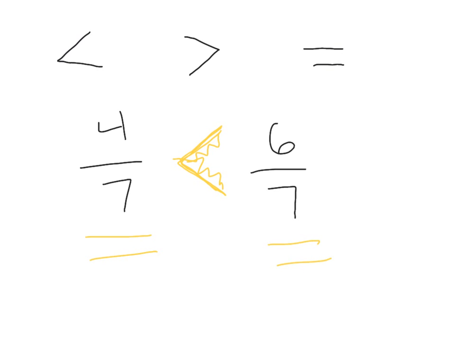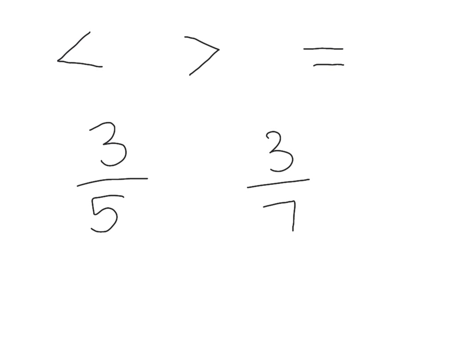All right, let's take a look at another one. 3/5 and 3/7. Again, there are some commonalities here with these two fractions, but this time the numerators are the same.